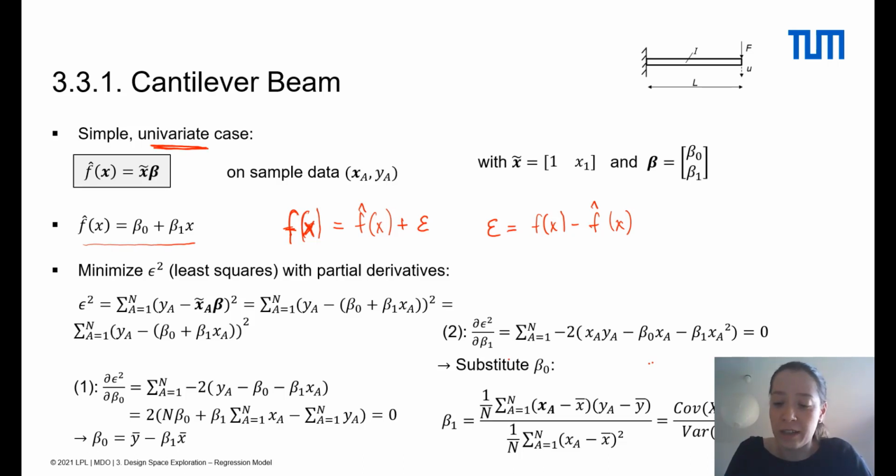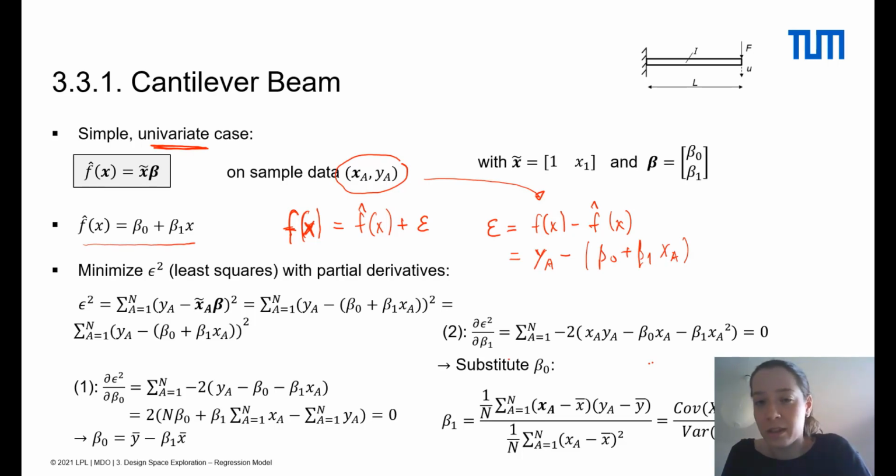We don't know what f of x looks like, but for the sample values we've given, the sample data xa and ya, we plug that in here, so we know that that's ya, the results, minus beta 0 plus beta 1 times xa. Since we want to minimize the error, we take the absolute value because it's an error, and then we build the partial derivatives, set them to 0, and then we got those nice formulas here for beta 0 and beta 1.